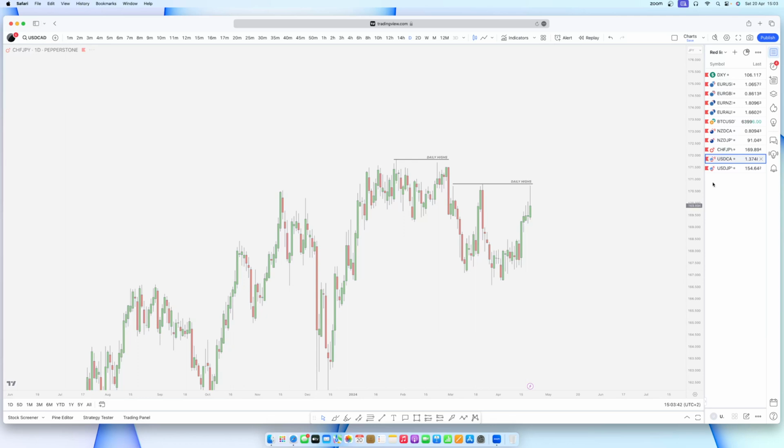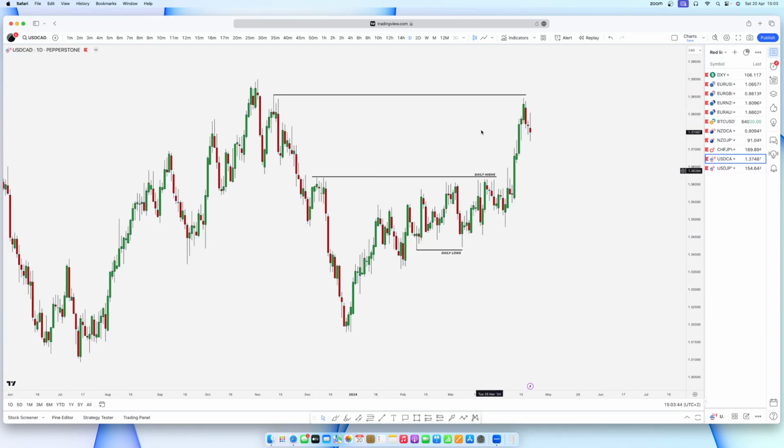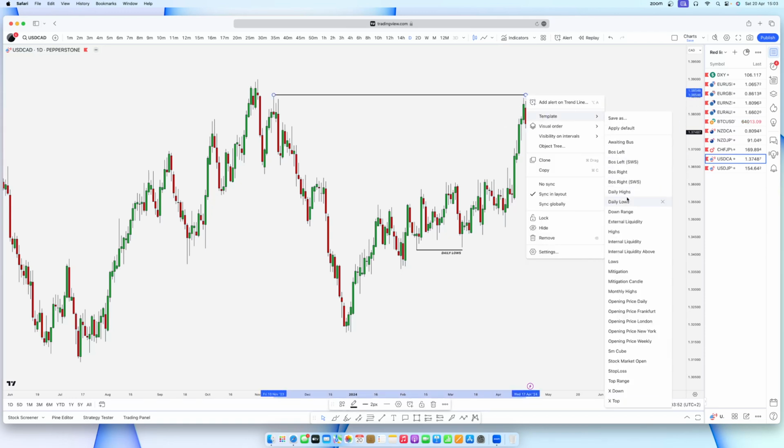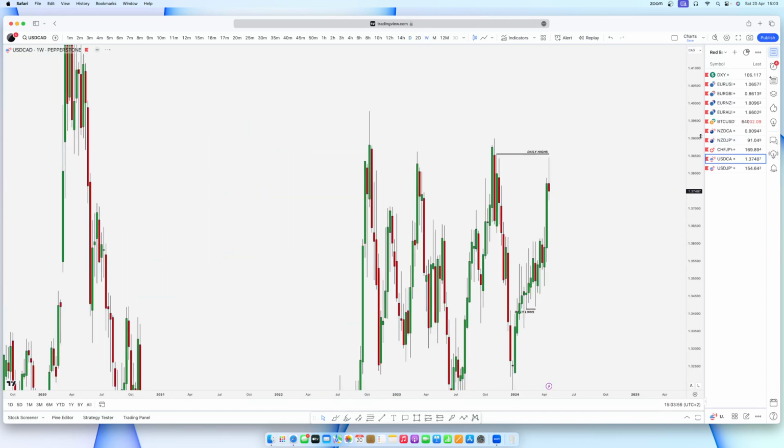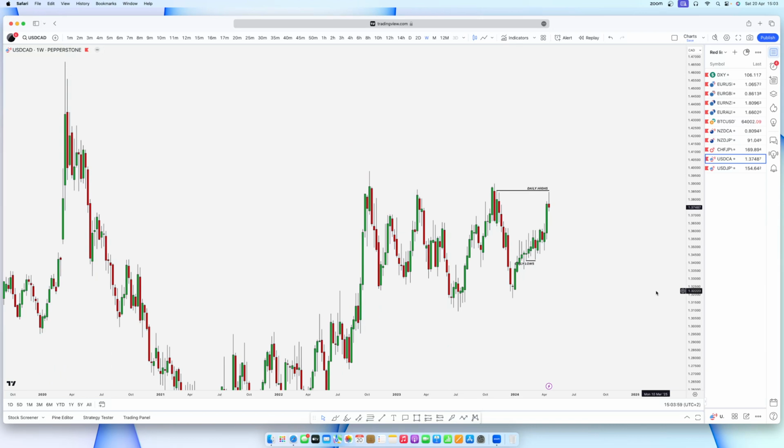And then next is USD CAD. I also saw this just now. Price took out this daily high, which we anticipated, and now price has created another daily high to the upside. Remember, Dilin Wu said that the dollar index is still going to go up, based on the fact that the US economy is still doing well.